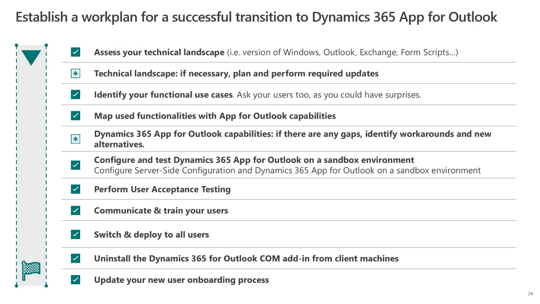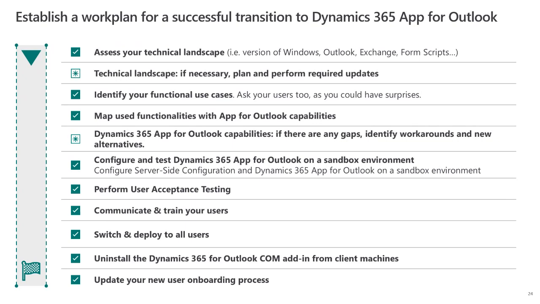You also need to identify your functional use cases. You need to map the used functionalities with app for Outlook capabilities. And if there are any gaps, you need to identify workarounds and new alternatives for these processes.